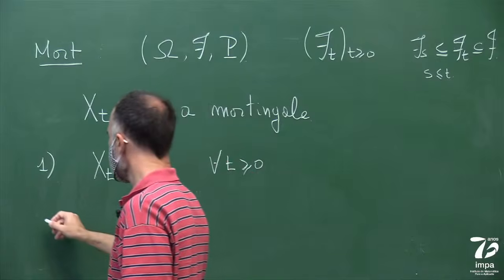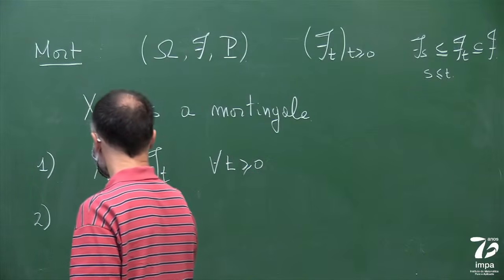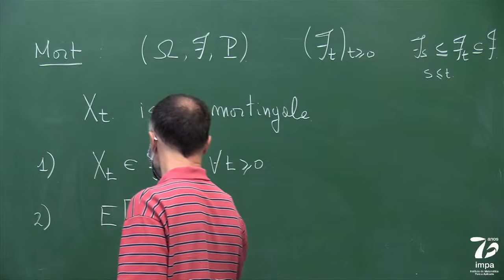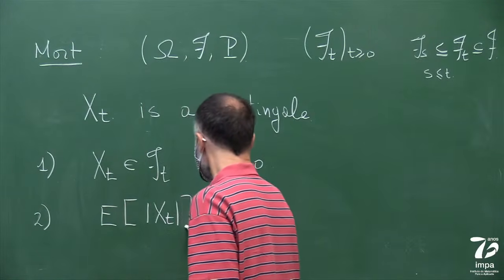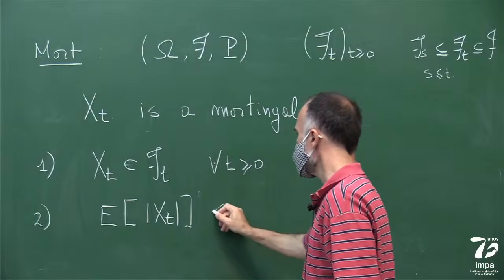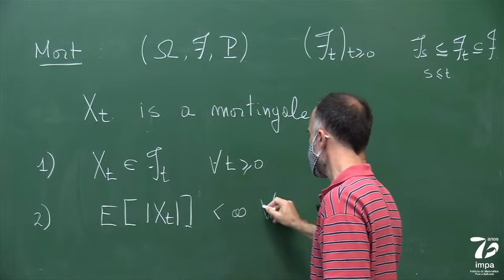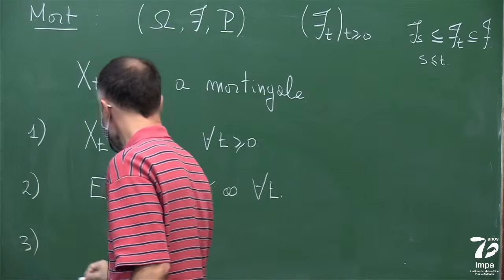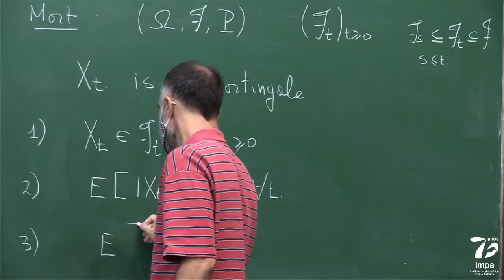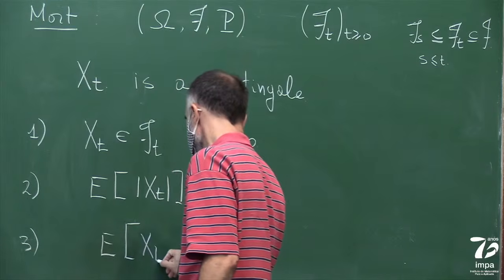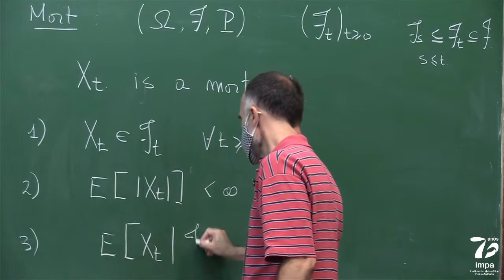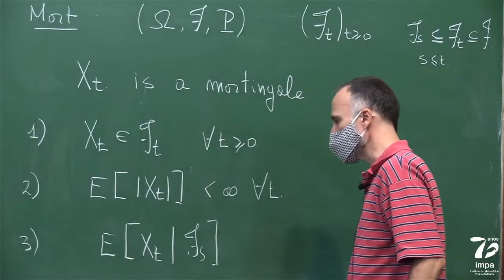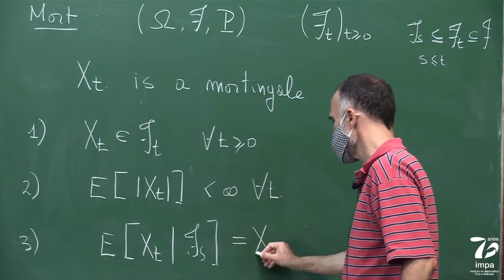Then my second requirement is that they are integrable, which means that the expectation of the absolute value of Xt is bounded for all t. And finally, I will require that if I take Xt and I take its conditional expectation with respect to Fs, for s smaller than t, then this is Xs.